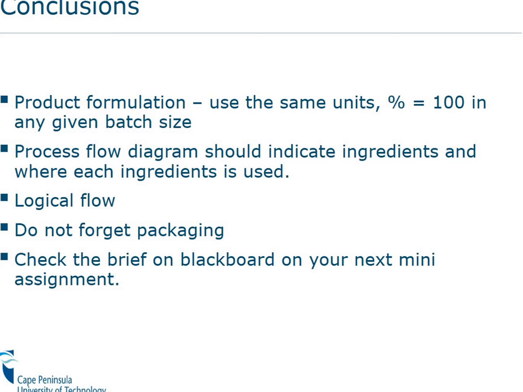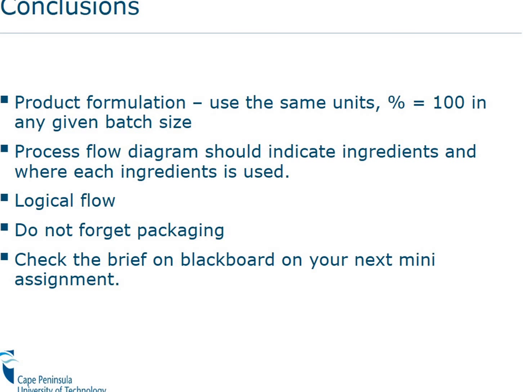By the way, teaspoons are for recipes that we do at home. Industrially, we work with larger quantities such as kilograms and even up to tons. Your percentages in your product formulation should always equal 100 for any given batch size.